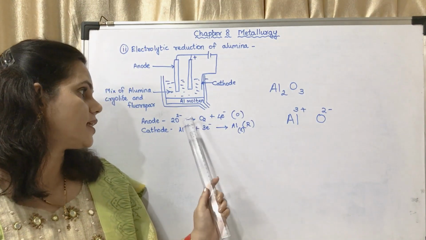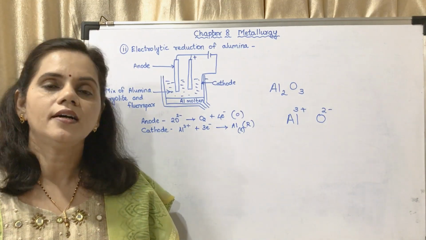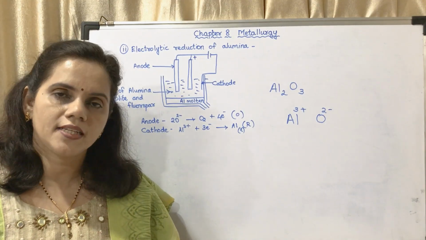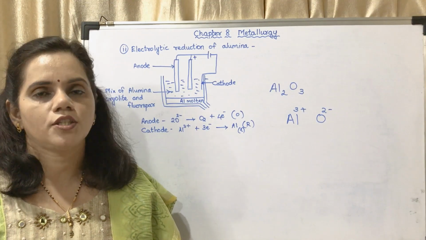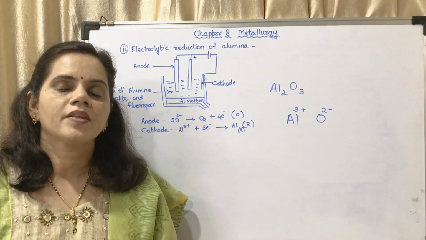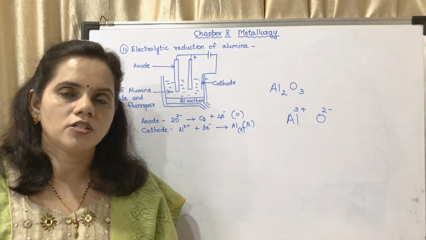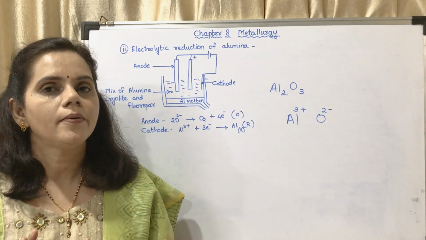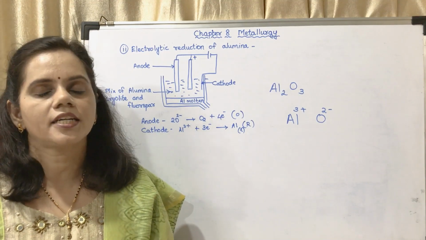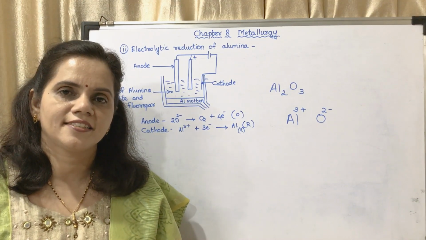Because it is reacted upon by the oxygen which is formed during the reaction. Okay, even this is a give reason question which is very important. So this is about extraction of aluminium. In extraction of aluminium there are two steps: concentration of ore and electrolytic reduction of alumina. Okay, now we'll see the next.